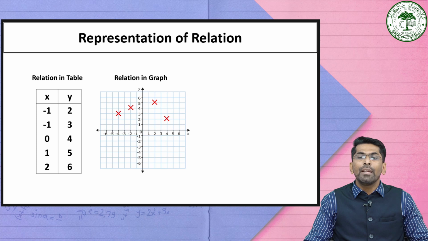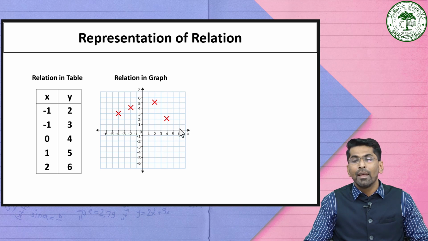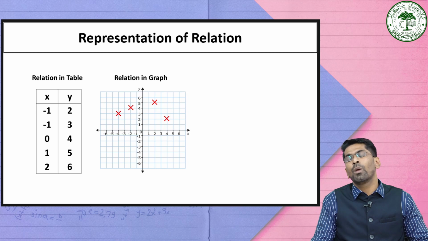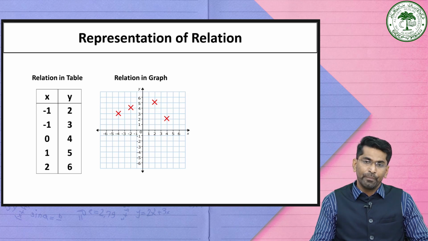Each point is typically represented as (x, y), where x is the horizontal coordinate and y is the vertical coordinate. So graph paper is considered a very useful tool for visualizing a relation.